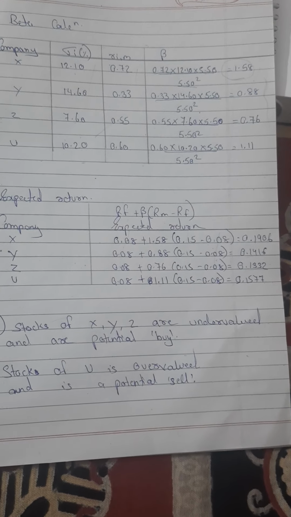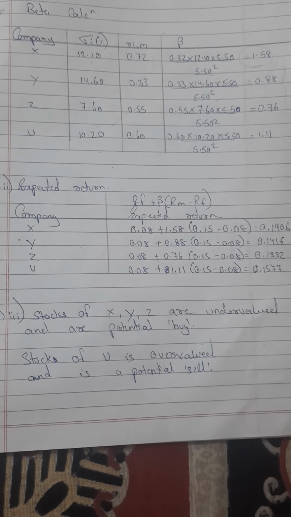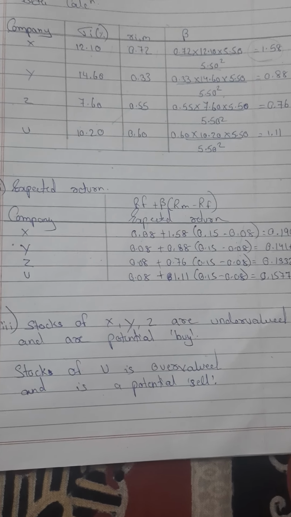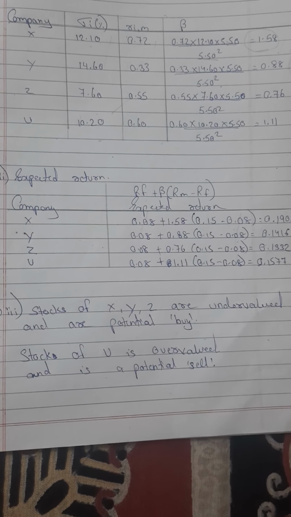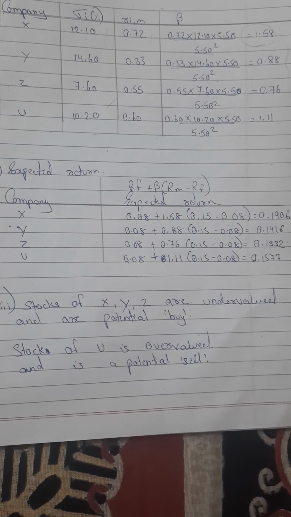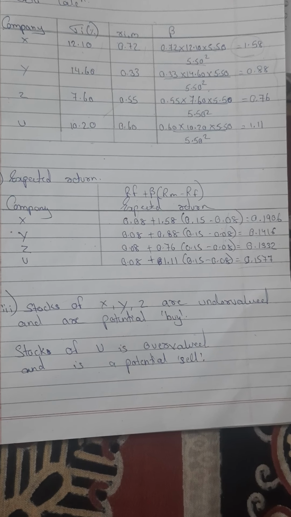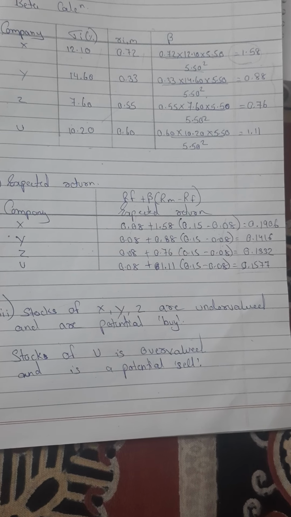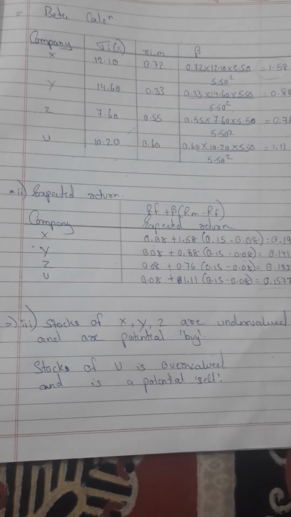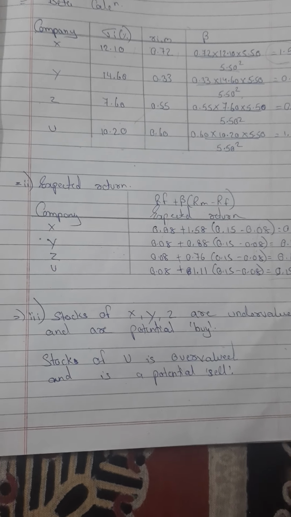Hence, we will say that these stocks are undervalued, and as I said before, whenever stocks are undervalued, they are a good potential for buy, and whenever stocks are overvalued, like here the stock U is overvalued, hence it is a good potential for selling at that time period. Right, that's all for your topic.